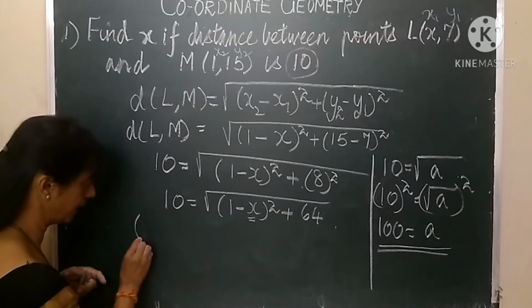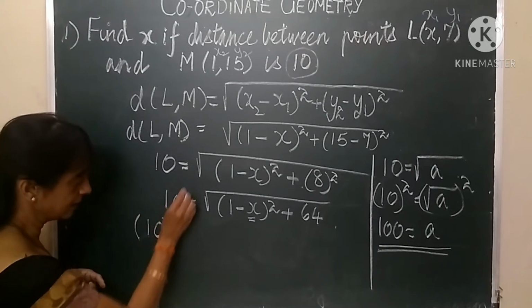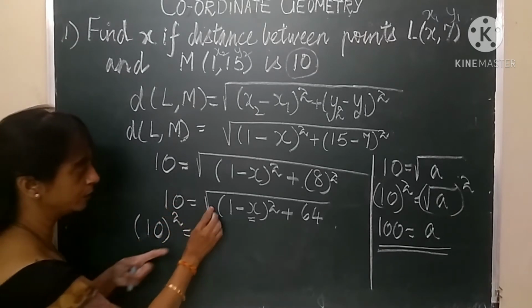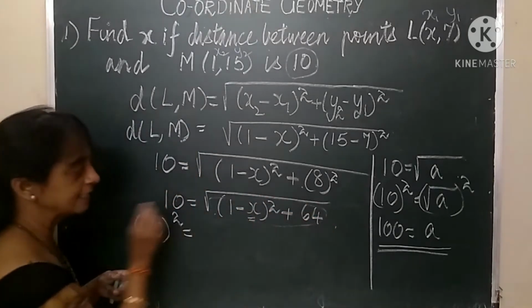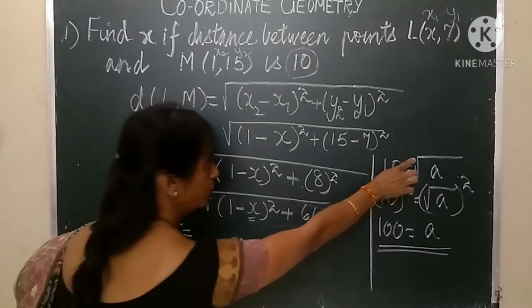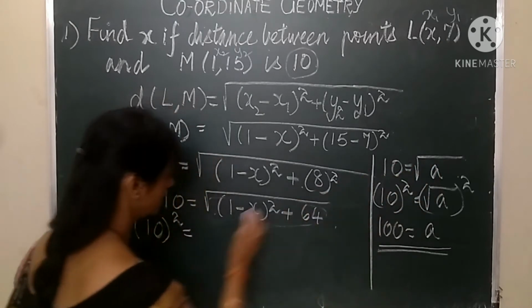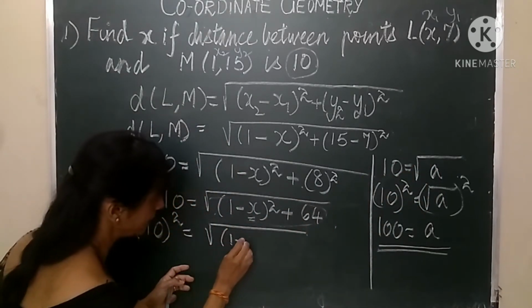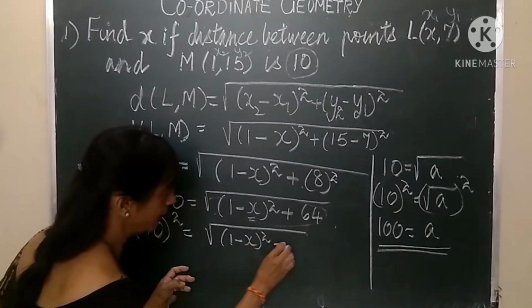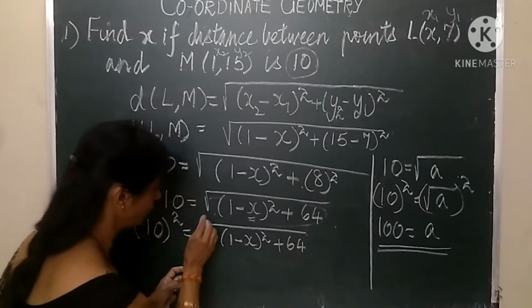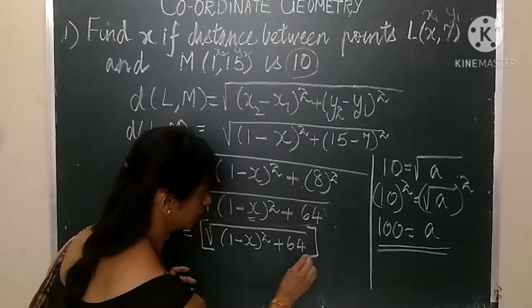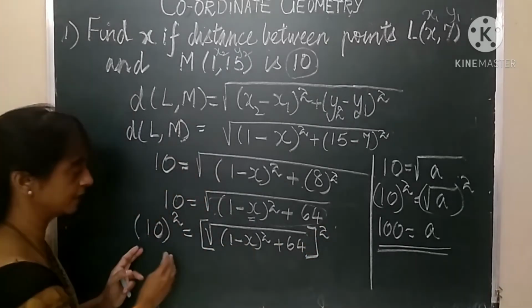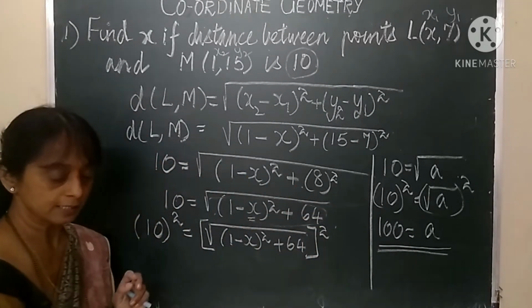Squaring both the sides, we get 10 square will be equal to, term this as a, root of a the whole square. So root of, what is a over here? 1 minus x the whole square plus 64 square. So what did we do in this case? We squared both the sides.